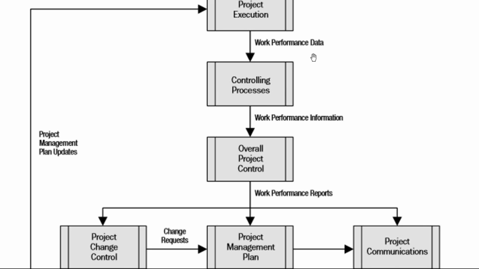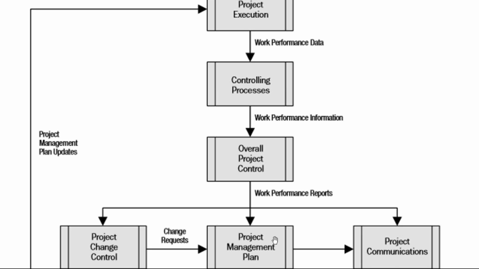They're telling me the work they're completing. That's data. In and of itself, an earned value number in the middle of space means nothing. It's just at a data bit level. That data is going to now be subjected to control processes. Those are the formulas, and those formulas are going to take the data and turn that data into information. That information combined together with other information in overall project control becomes reports.